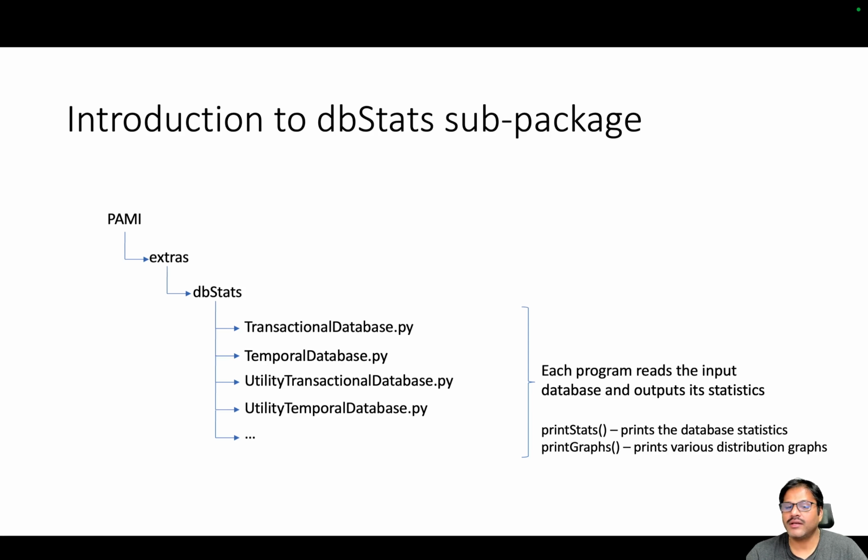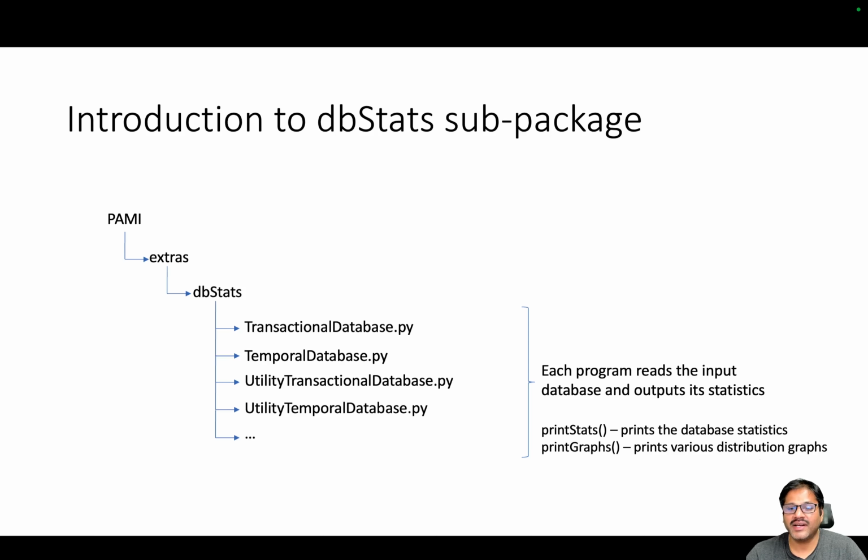Since there are basic stats and database-specific stats, and the user may not know what is available, we have come up with a nice idea. We have created two functions: the print stats function and the print graph function. The print stats function will print all the database statistics that are gathered for a particular database.